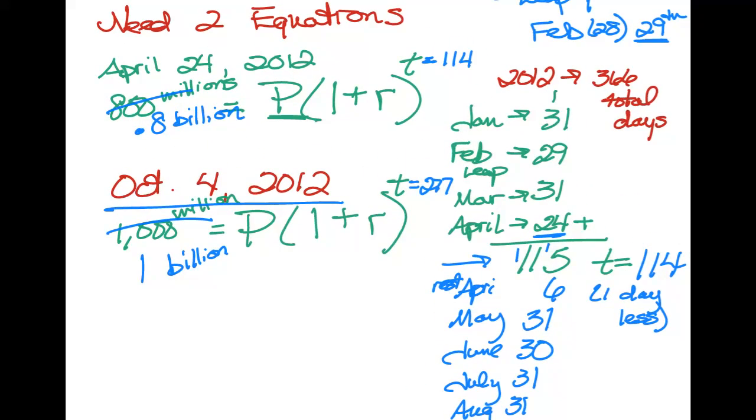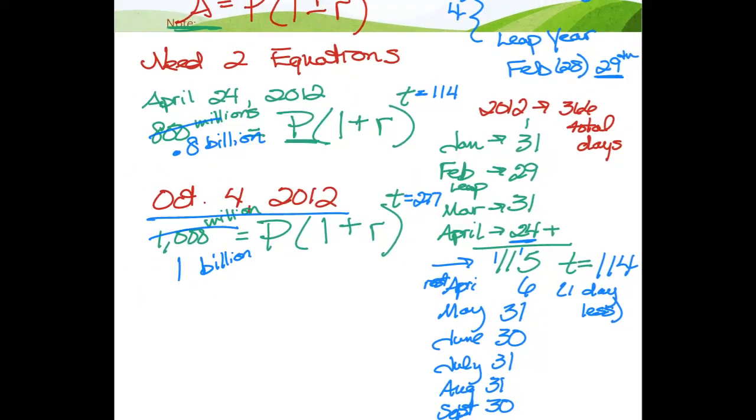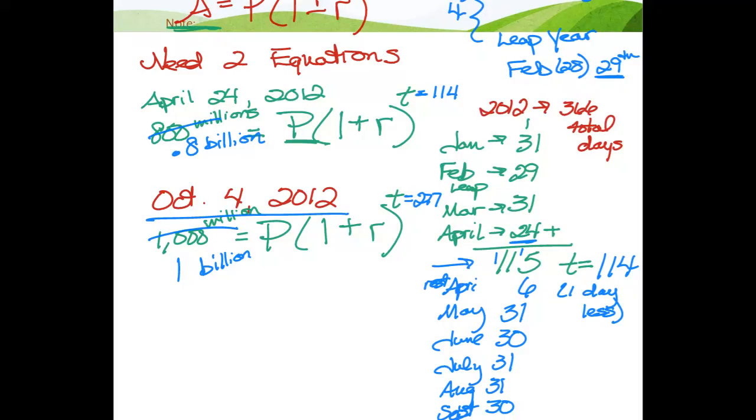These have a lot of things in common, right? The initial amount we don't know, the rate we don't know for both of them. How could I make the number of people at the end be the same? In other words, this has 1 billion. How could I make this be 1 billion?